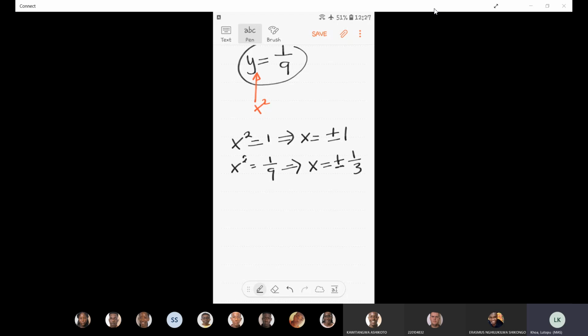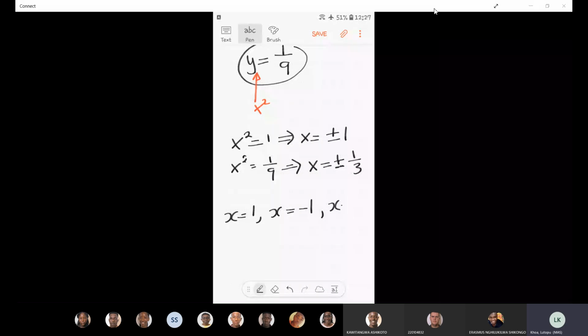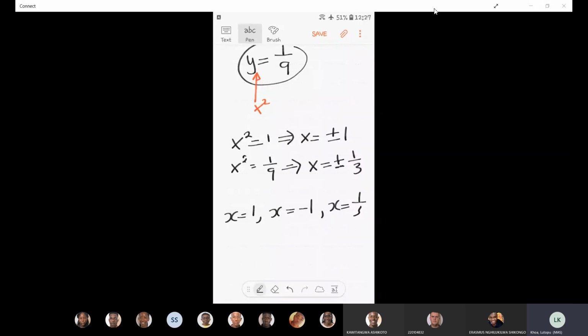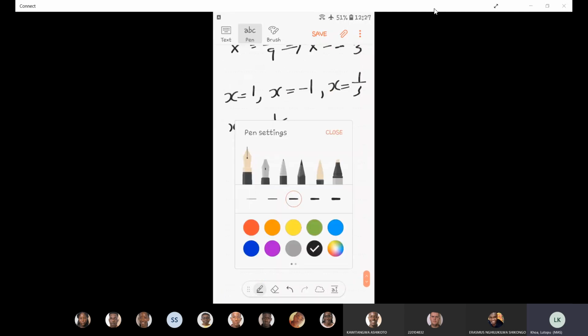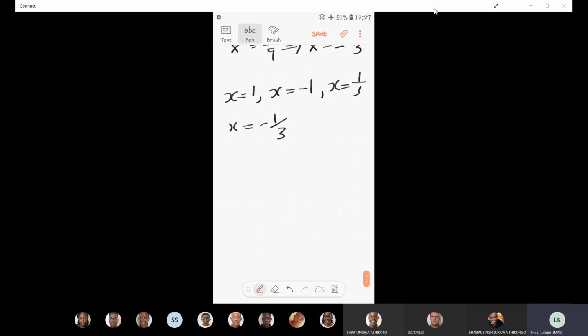So you have 4 solutions here. x is equal to 1, or x is equal to minus 1, x is equal to 1 over 3, x is equal to minus 1 over 3. And again, very important, the thing that we must never forget, is to check your solutions and see if they are indeed correct.